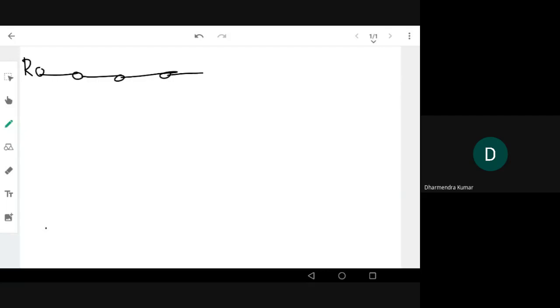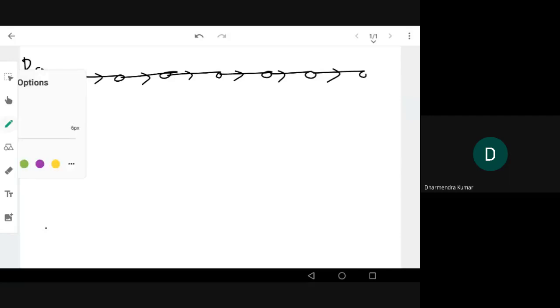Okay, the arrow is also important. It shows the direction of the graph, and we have to number the nodes. Okay, so I'll number like this: first one, 2, 3, 4, 5, 6, 7, 8.